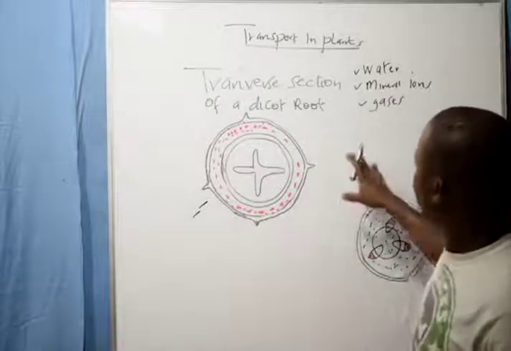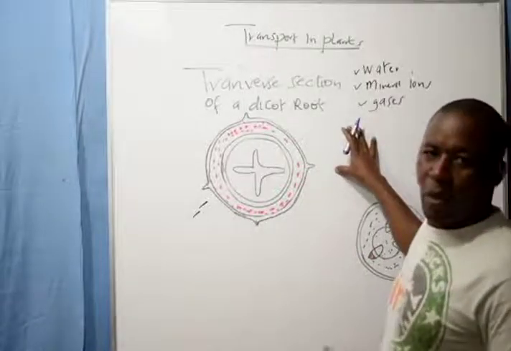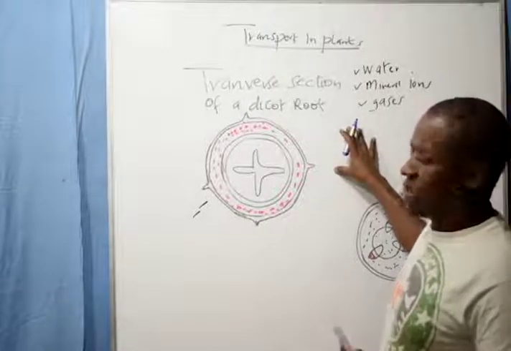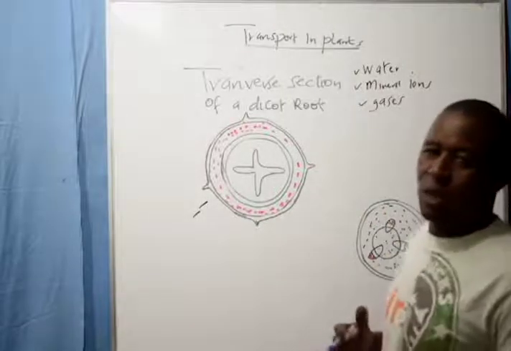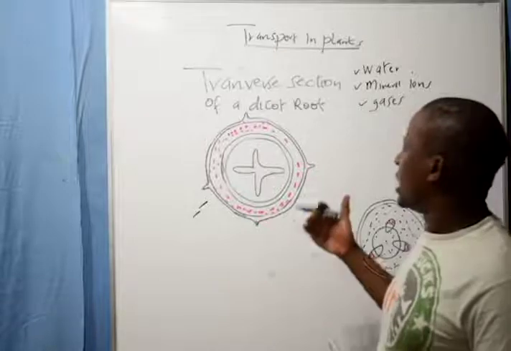But before we start with that, we want to look at a root. If you take a root and cut a transverse section of a root, which parts do we see?